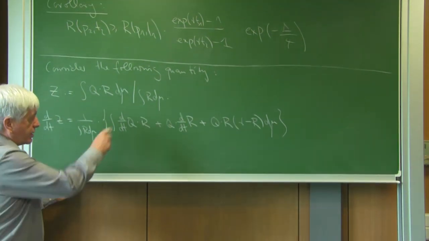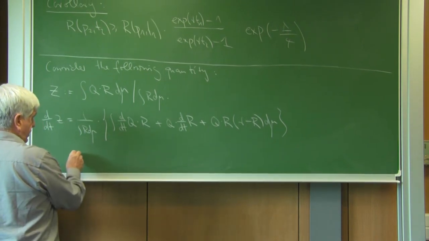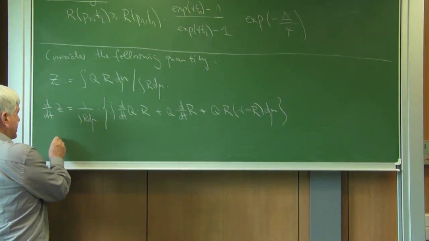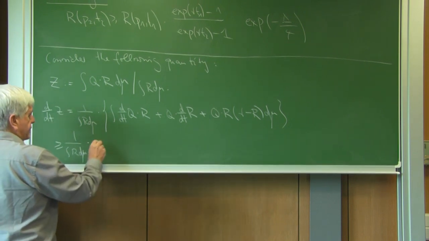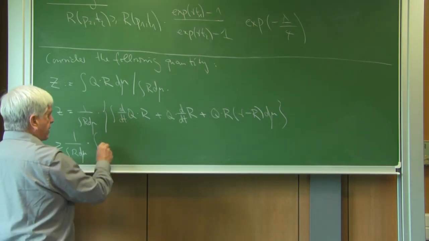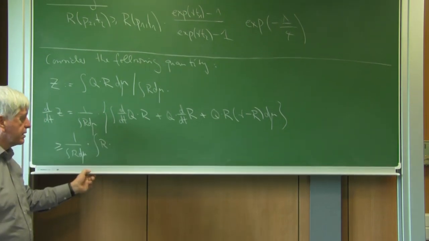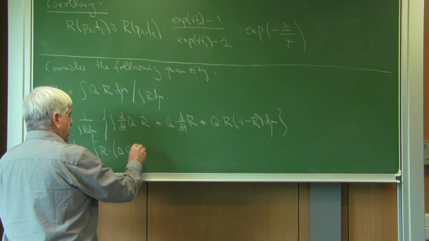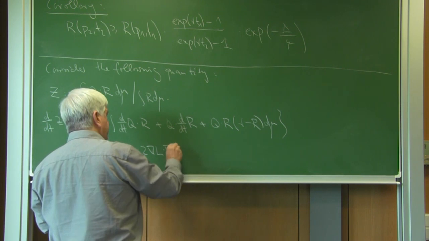And now inserting the inequality that we get for ddt of q in the last computation for the Harnack inequality, we estimate this from below by 1 over the integral of r d mu times, and then here we had ddt, we can use the pointwise estimate because r is positive, so we get here r times, this was the Laplacian of q, plus 2 gradient of the logarithm of r, times gradient of q.